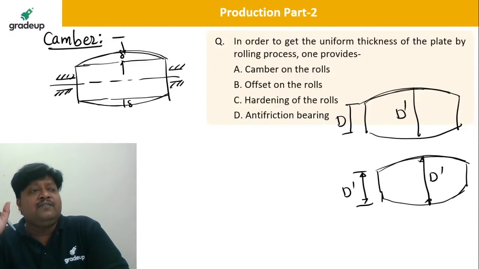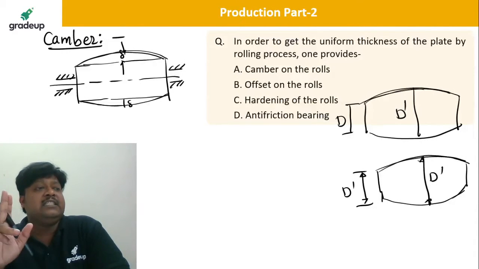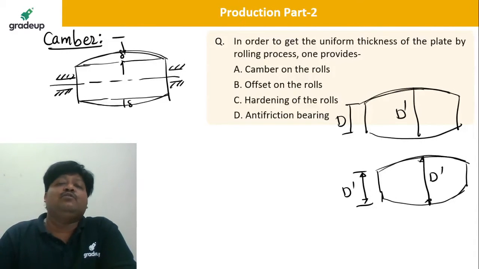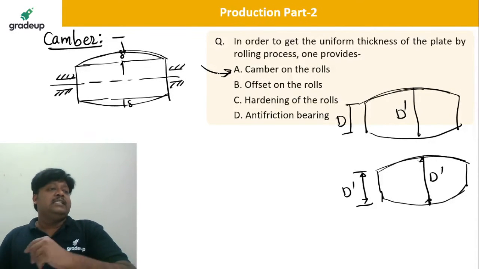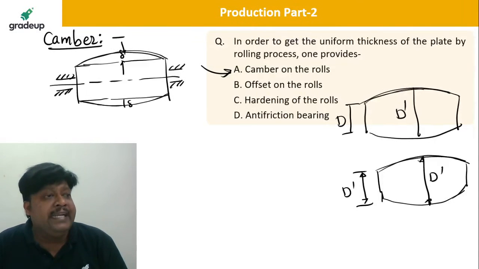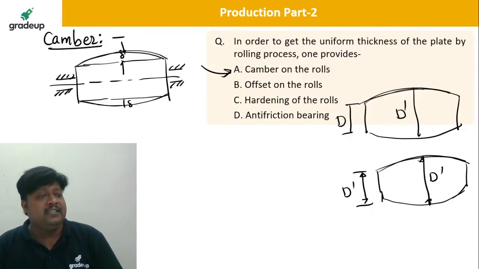If you want an undeflected roller, you will get uniform thickness throughout the process, and that is possible with the provision of camber on the roll, isn't it? So I hope A is correct.